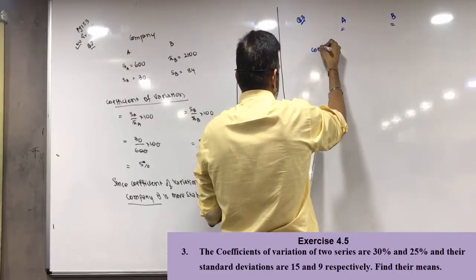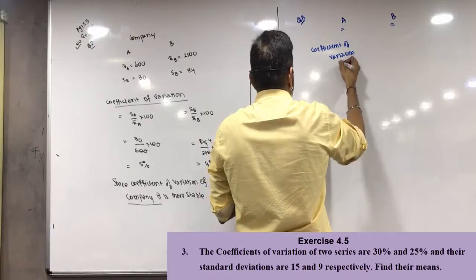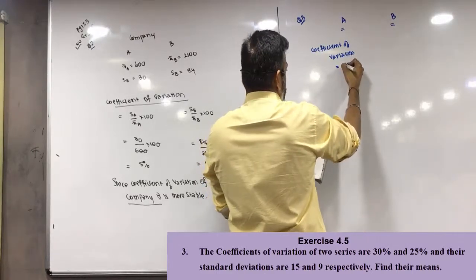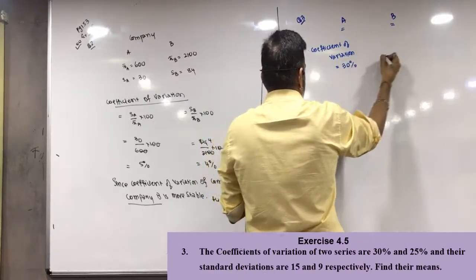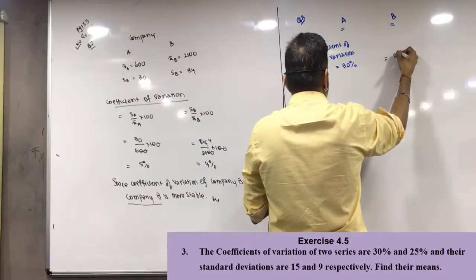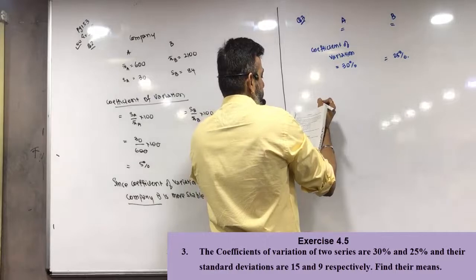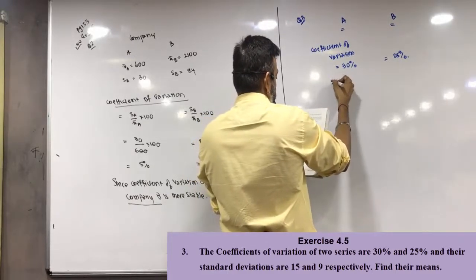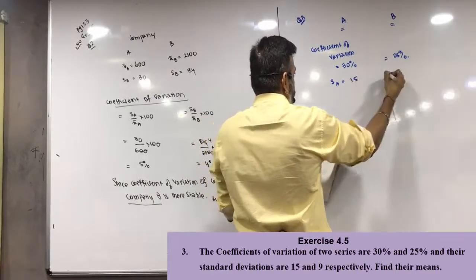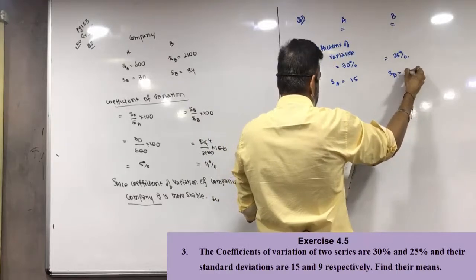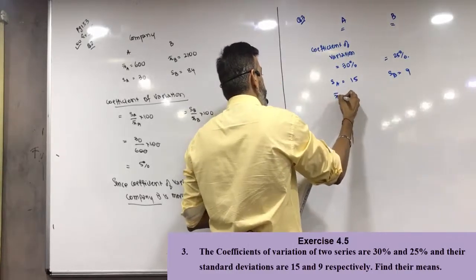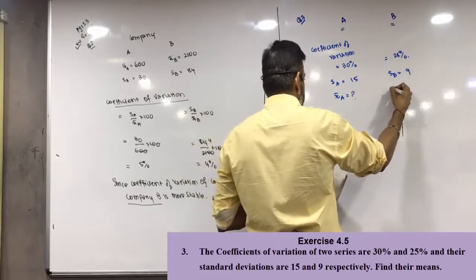Coefficient of variation of A is equal to 30% and of B is equal to 25%. Standard deviation of A is 15 and standard deviation of B is equal to 9. We have to find mean of A and mean of B.